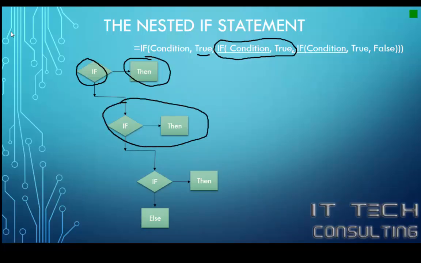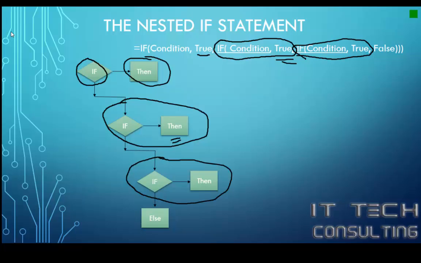And if that condition is true, then we're going to obviously display that. But if it's not true, we've got to do another if statement. And there's my other if statement right here. See how those are nested within each other? Condition, true, this would be the false. But in the false, we're putting another if statement.